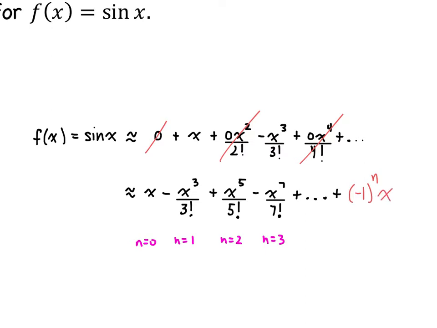When n is 0, we have x to the 1st power. When n is 1, we have x to the 3rd power. So we should recognize that we would have x to the 2n plus 1. And then the denominator is the same as that degree, so it would be over (2n plus 1) factorial.